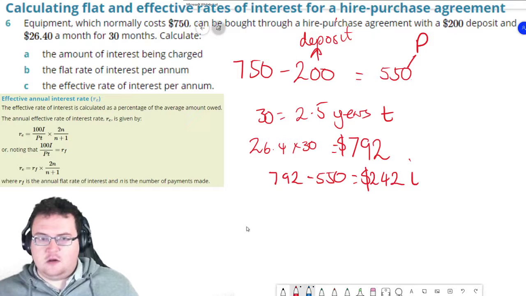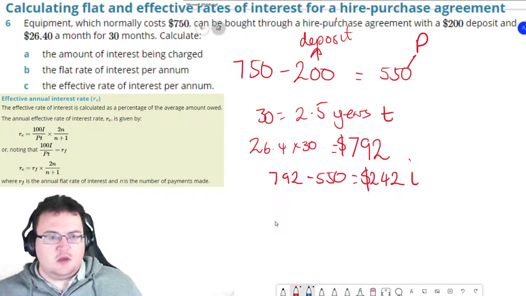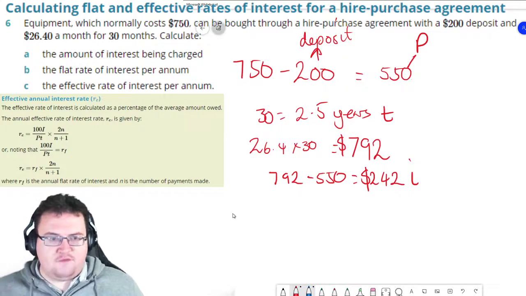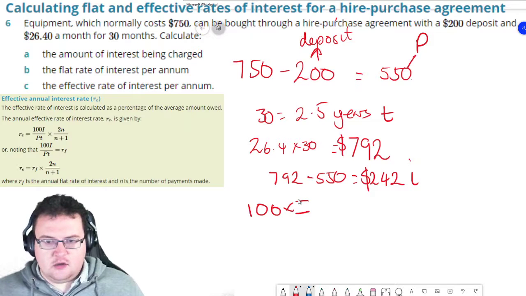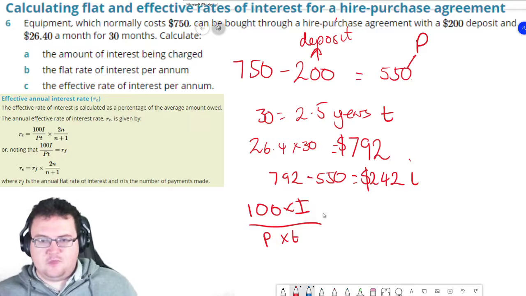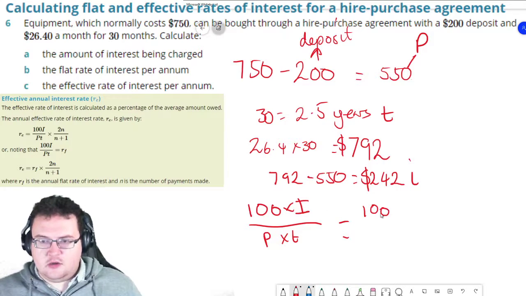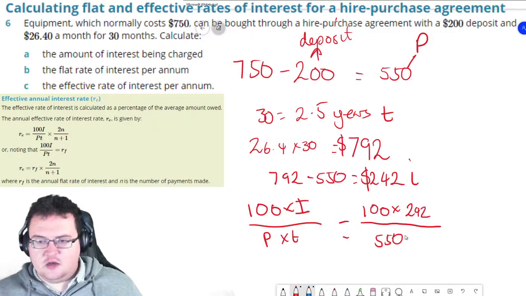So, from here, what do we got? Our flat rate of interest is equal to 100 times I over P times T. So that's 100 times 242 divided by the principal, which was 550 times 2.5.